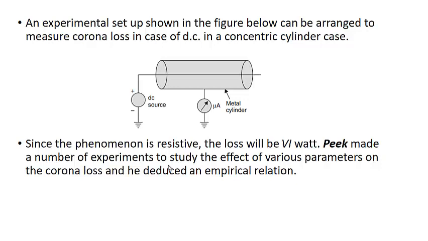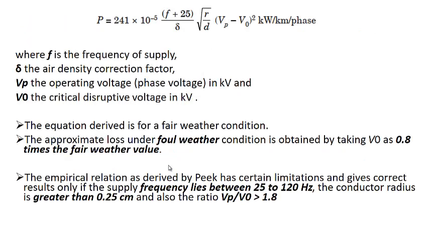Empirical formula means a formula which does not have any derivation. The empirical formula given by Peek is P equal to 241 into 10 to the power minus 5, into (f plus 25) divided by delta, into square root of (r divided by d), into (Vp minus V0) whole square, and the power is measured in kilowatt per kilometer per phase.